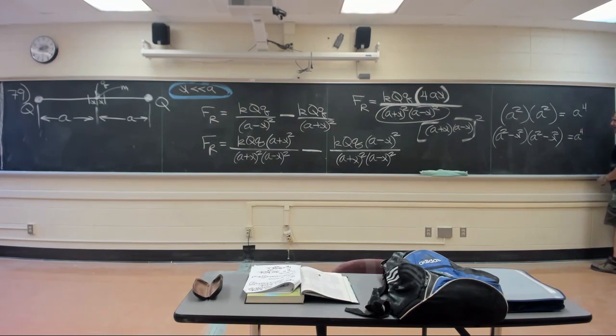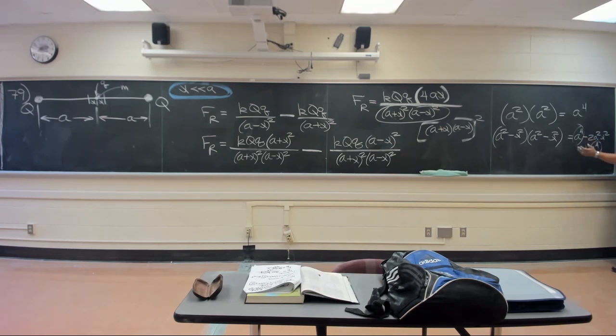We got a to the fourth minus 2a squared x squared plus x to the fourth. Wow, you're already gaining. You got this, and that's positive, whereas this right here is some negative. Yeah, but it ain't a whole lot. I mean, definitely this one is more negative than that one's positive.